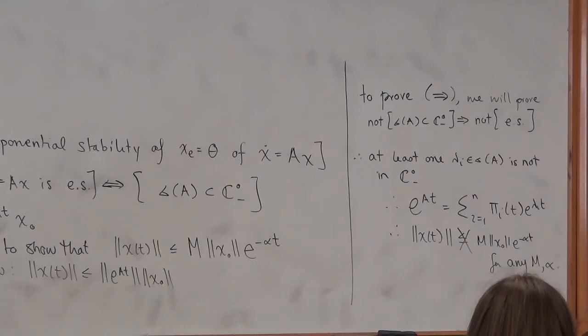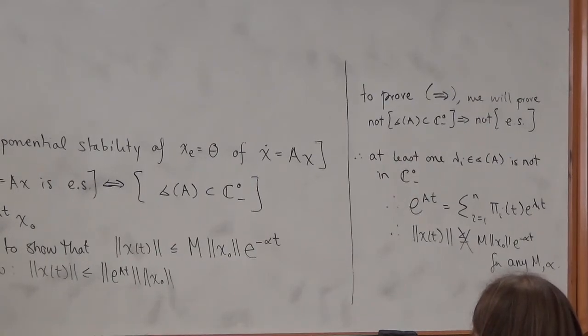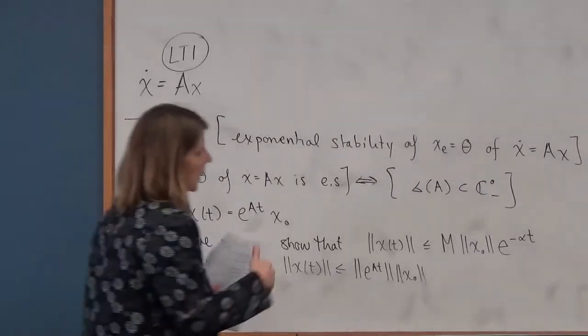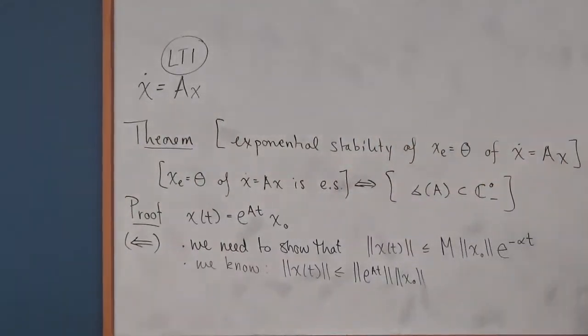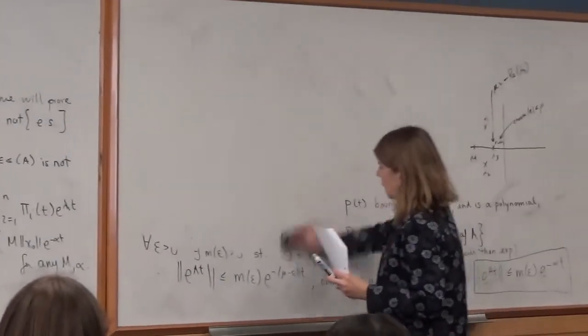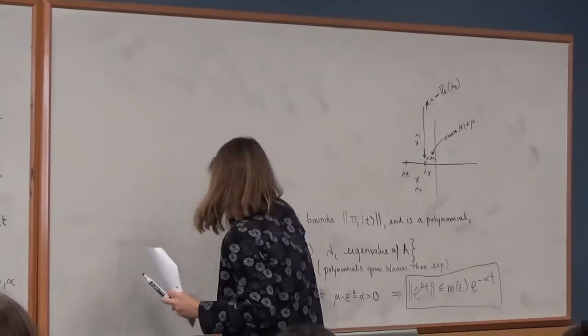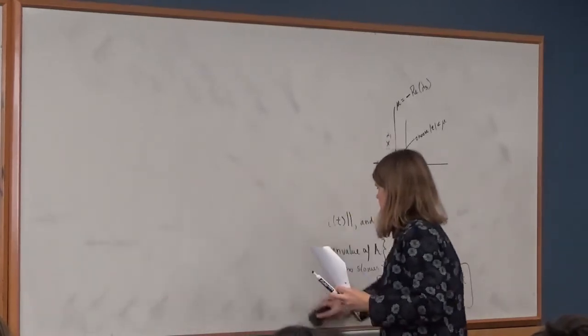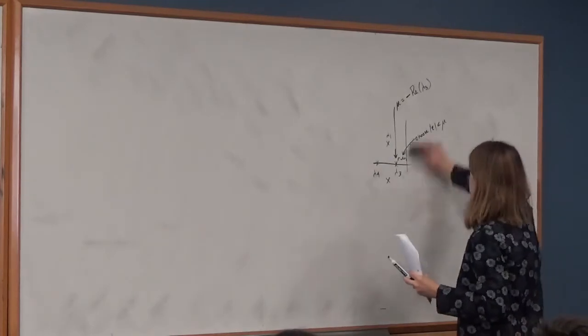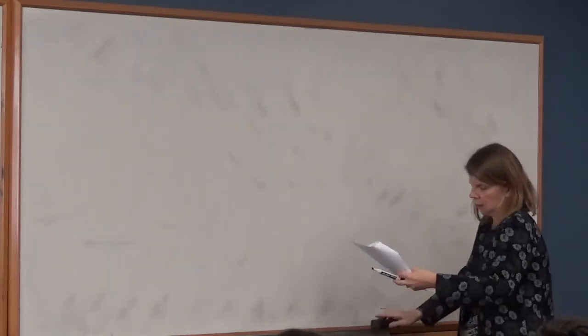All right, so for a linear time invariant system, if all of the eigenvalues are in the open left half plane, we have exponential stability. Picking up on something we said in last day's class, when we were talking about intuitive notions of how the placement of the eigenvalues of A relates to the stability of the system, I'd now like you to use similar ideas to what we've just proven to prove the following.